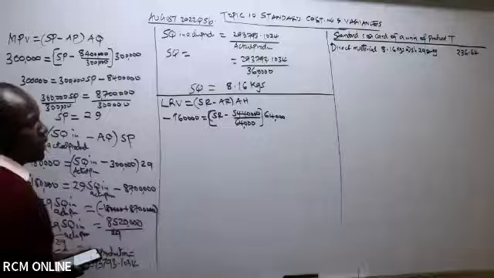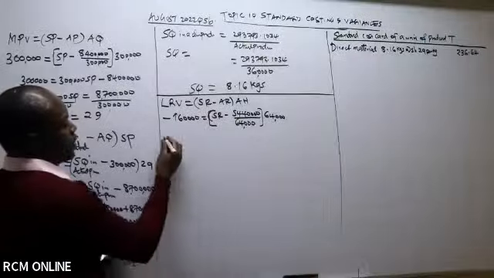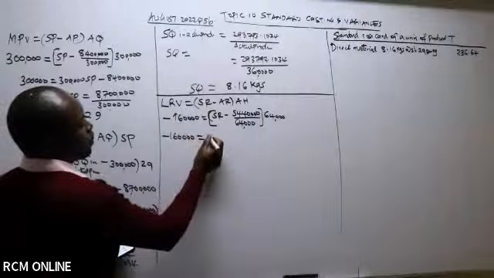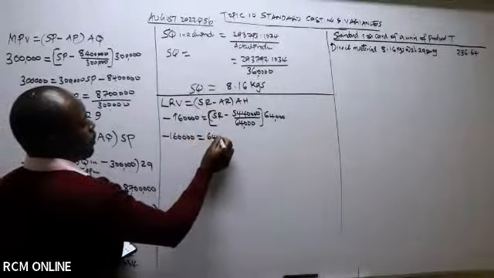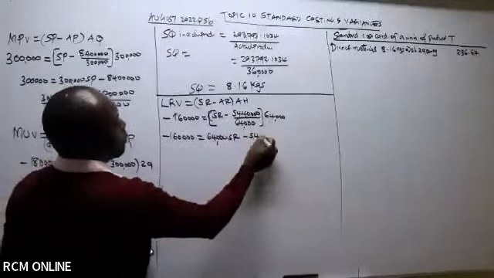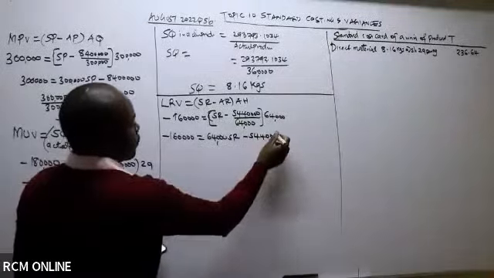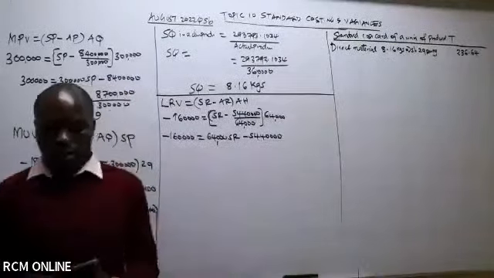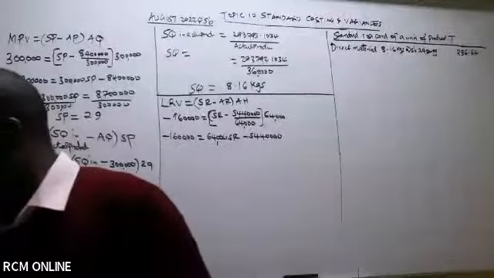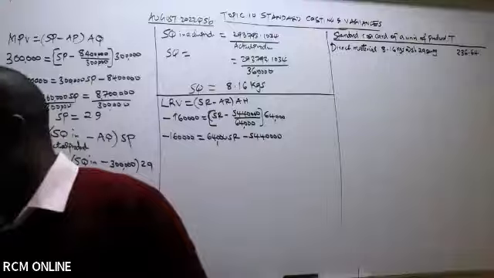Now let people do the calculation. It is equal to 64,000 SR minus 54.40. Good. So can you give me the answer there? I want you to work it out and give me SR.